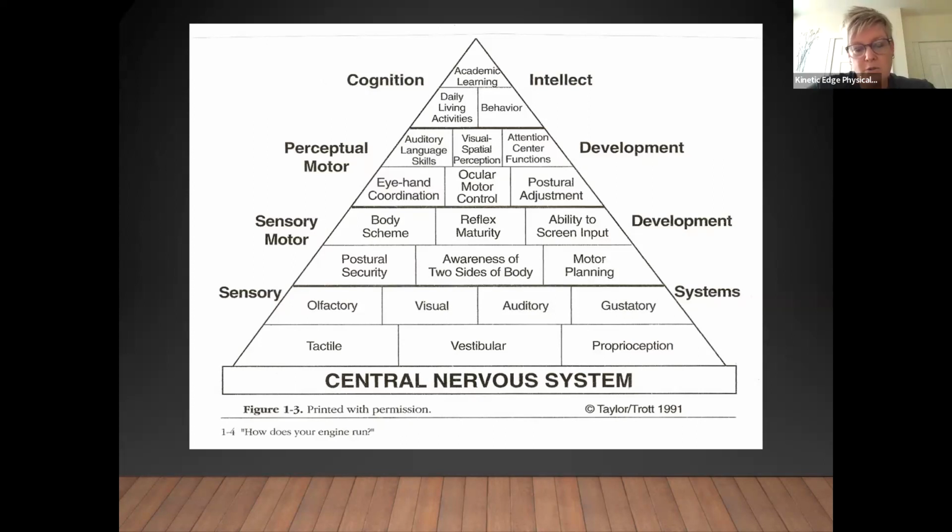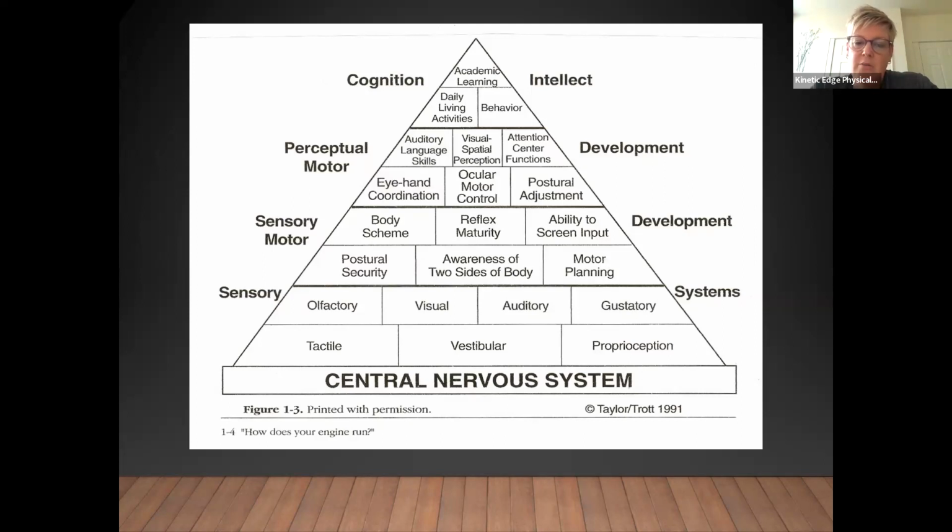Below that are all sorts of perceptual motor and sensory motor development skills. So using the 2 sides of the body together, maintaining posture, understanding our body awareness, eye-hand coordination, fine and gross motor coordination, motor planning. You can see all of the different bricks in the middle there. At the very bottom then is our sensory system.